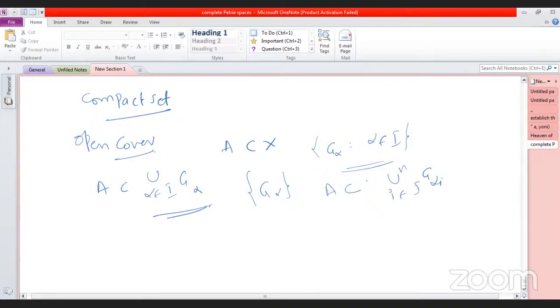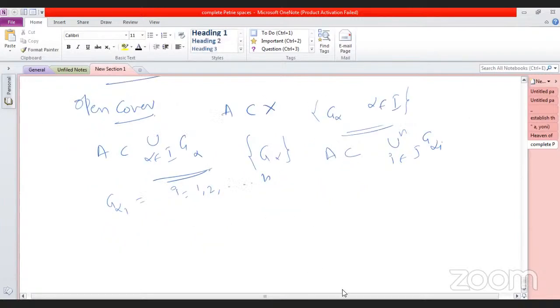So G alpha i, for i equal to 1 to n, is called a finite subcover of the given open cover. Since we are showing the alpha values of the union in the open cover of A, the values of alpha belongs to I lie in i equal to 1 to n, so this is called an open cover. Understood?